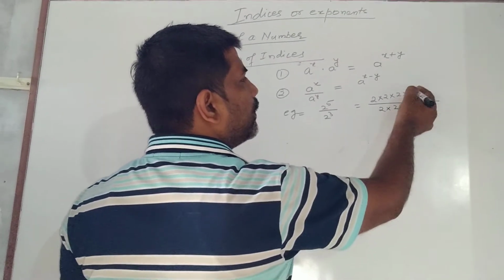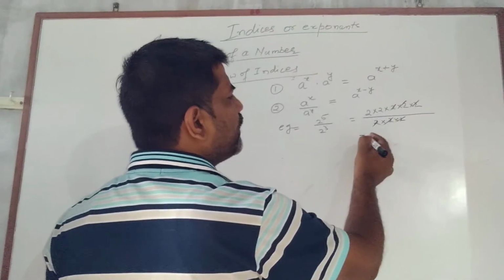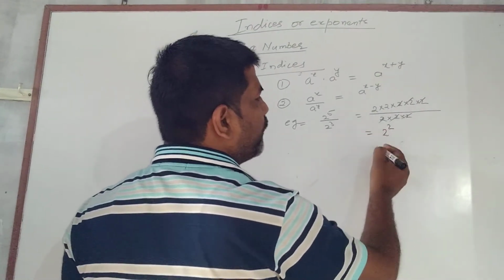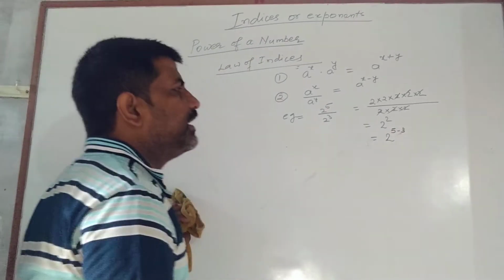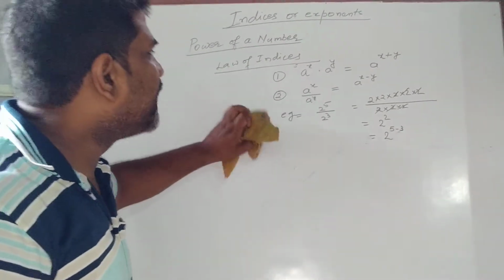These 2s can be cancelled. What is left? Only 2 to the power 2. This 2 to the power 2 is nothing but 2 to the power 5 minus 3. So this verifies the second law.